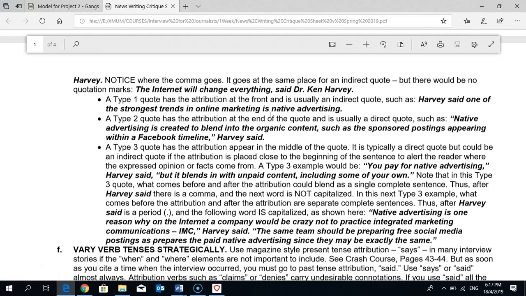Broadcasting uses a lot more type 1. One of the rules here is that type 1 is almost always, even in print journalism, an indirect quote or paraphrase. Why would I want to put type 1 with an indirect quote? It's the same reason it's used in broadcasting.